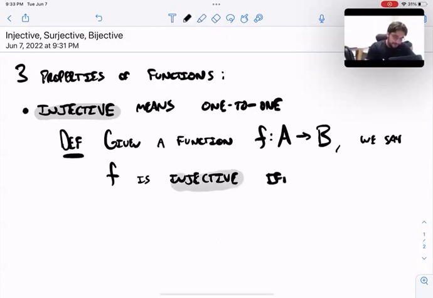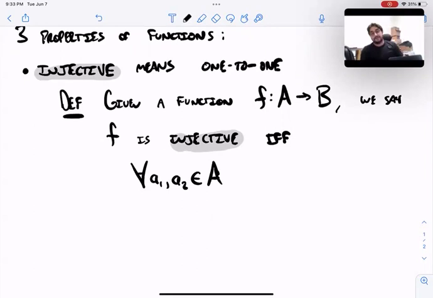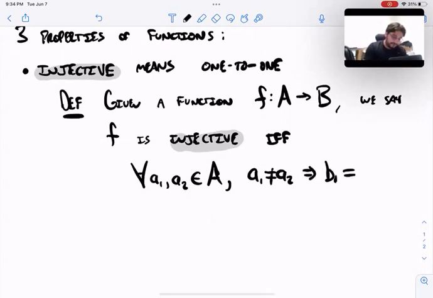If and only if for every A1 and every A2 in this set A, right? So for every two inputs that you select in the domain, if A1 is different from A2, then B1 is different from B2. This is the definition of injective.